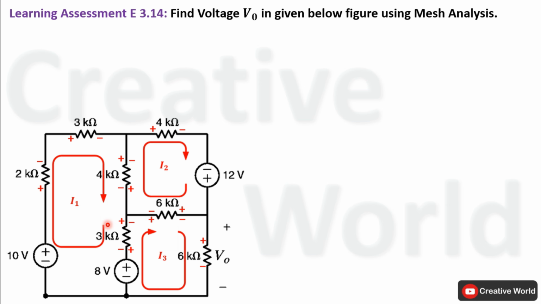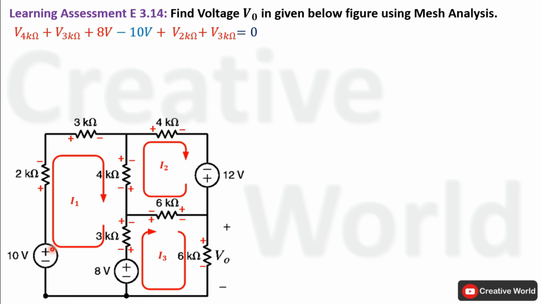Now we will start writing KVL equations for these 3 meshes one by one. We will start from this mesh. Current entering terminal is positive, so voltage across this 4 kilo ohm resistance will be taken with positive sign. Next, current entering terminal is positive, so voltage across this 3 kilo ohm resistance will be taken with positive sign. Next, voltage of this voltage source will be taken with positive sign because current entering terminal is positive.